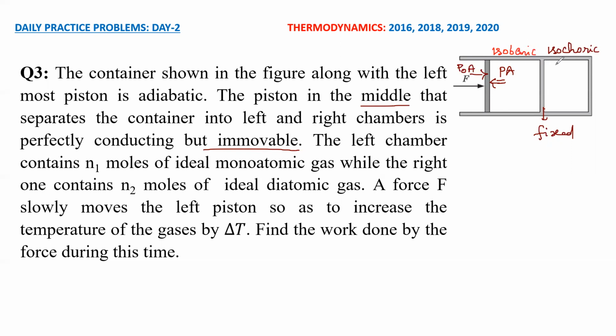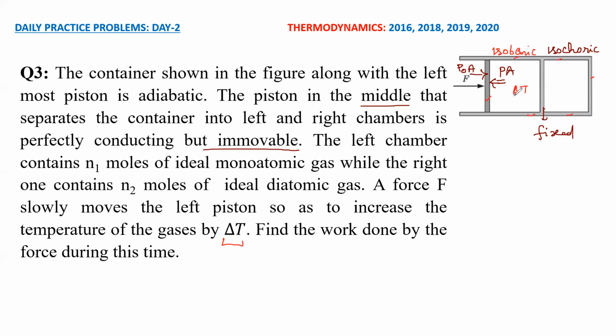So one chamber undergoes an isochoric process, the other chamber undergoes an isobaric process. And we are increasing the temperature by delta T. And one more thing is, we are not supplying any heat because all the walls except for the middle wall are adiabatic.